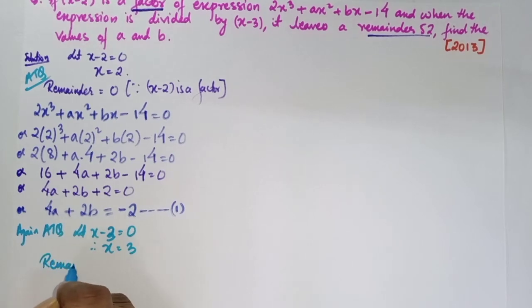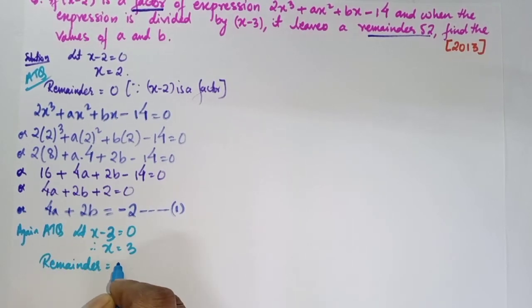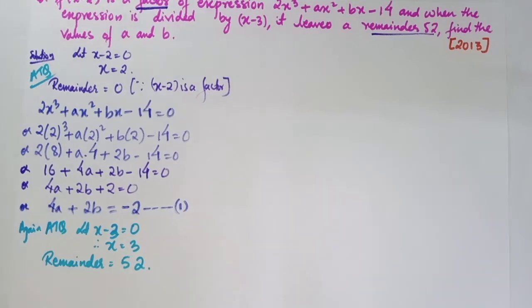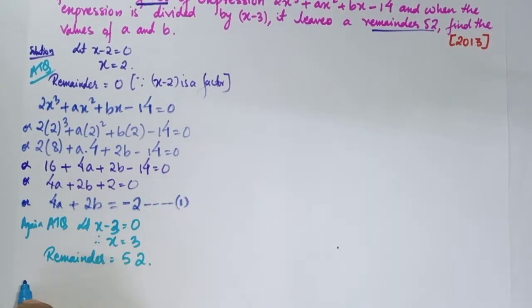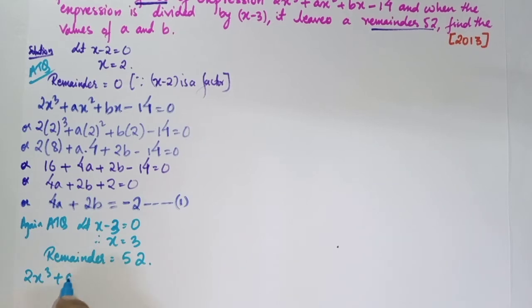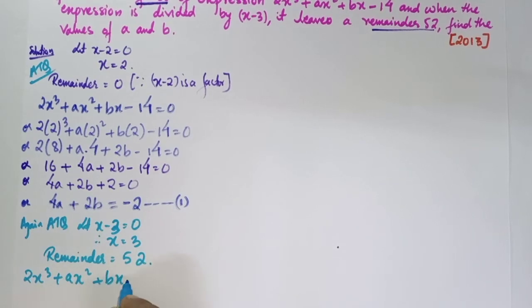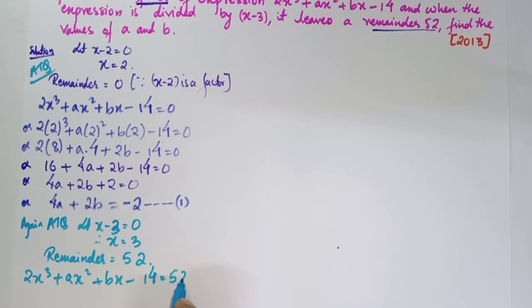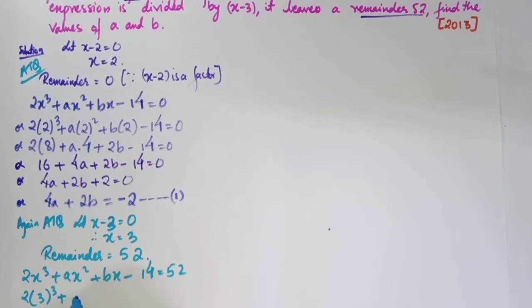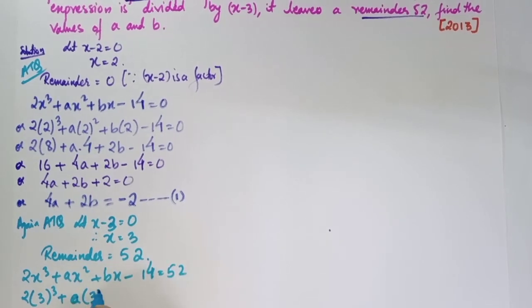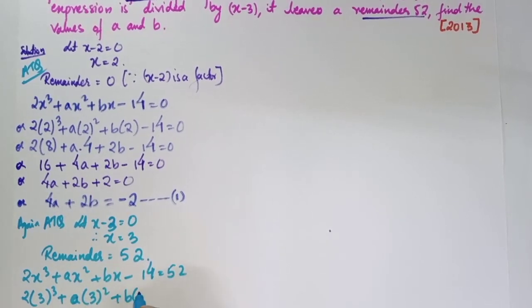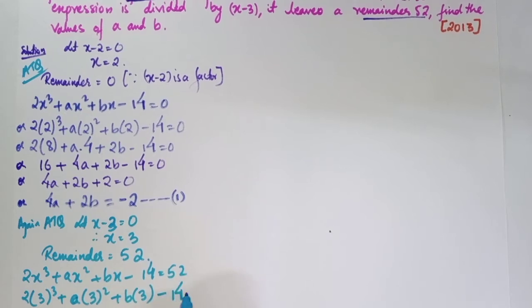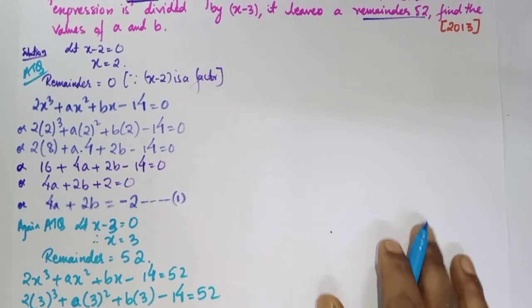So let x minus 3 equal 0. Therefore x equals 3. The remainder is 52, so 2x cubed plus ax squared plus bx minus 14 equals 52. Instead of x, I put 3. So 2 times 3 cubed plus a times 3 squared plus b times 3 minus 14 equals 52.